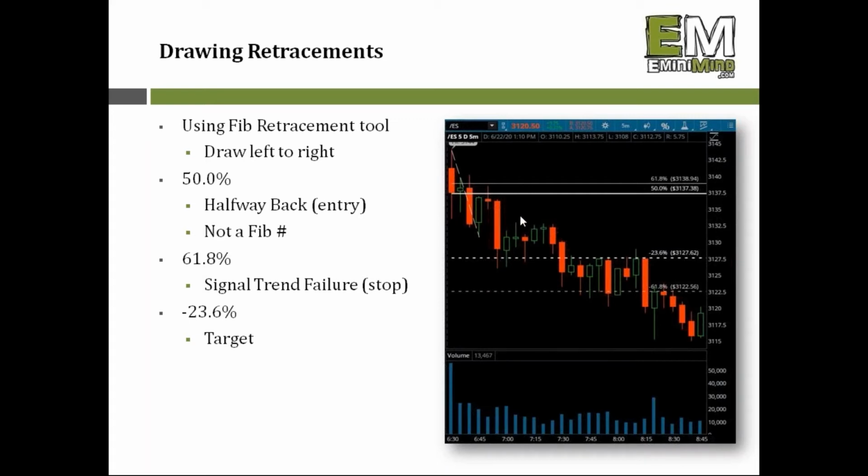What you can do is just use the high point around the entry. So where it's sold off, you can use that swing high as your anchor point and drag down to the next swing low.